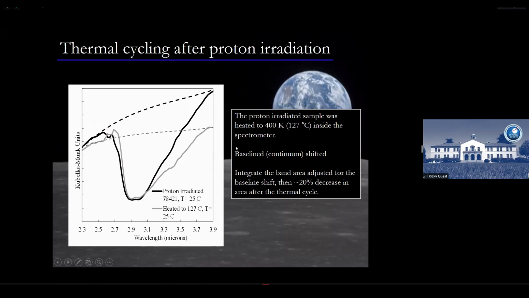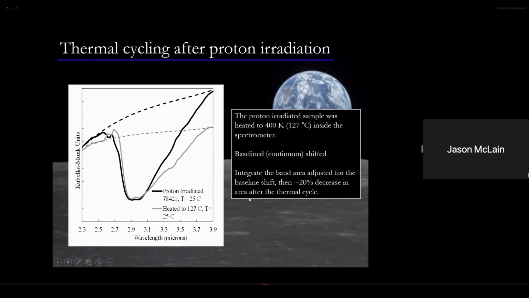We did a temperature excursion and found that if you heat it up in the spectrometer and then let it cool back down to 25 Celsius, you do get a decrease in the band area, about a 20% decrease. So we did remove some. However, the band shifted.